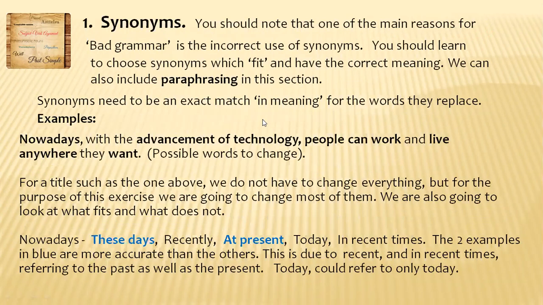So, synonyms. You should note, firstly, that one of the main reasons for bad grammar is the incorrect use of synonyms. As a teacher who's taught IELTS for many years, I see so many students or exam takers who use their dictionaries.